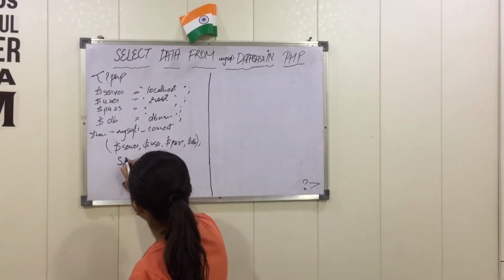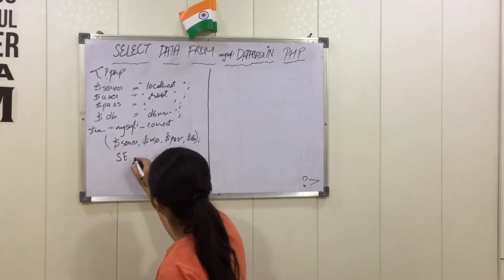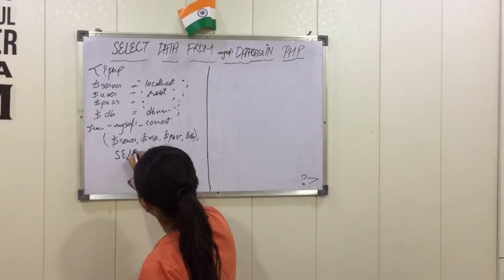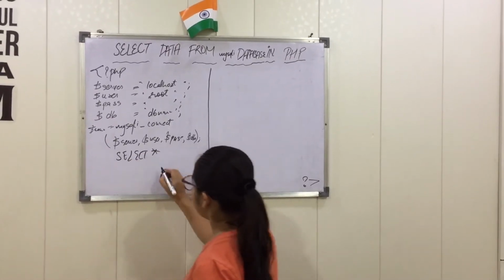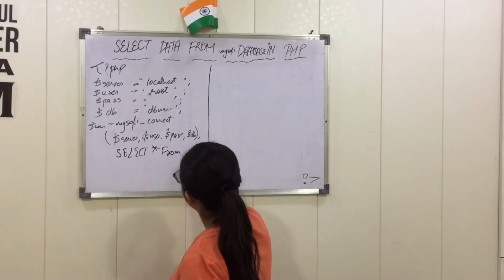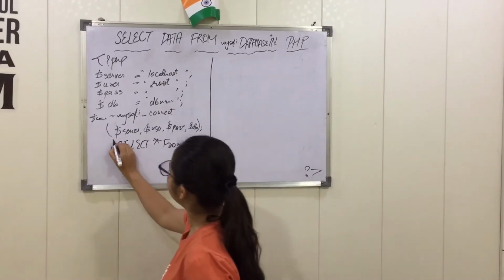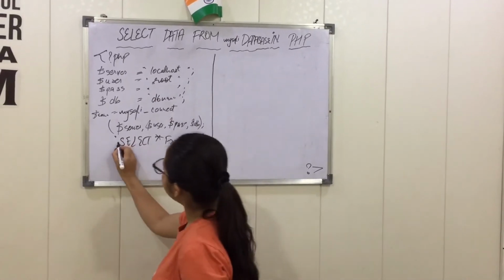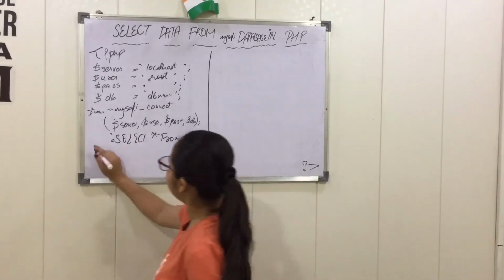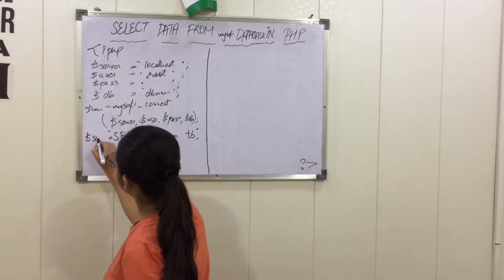After that we will select the table: SELECT * FROM, then the table name. Suppose my table name is tb, in double quotes, then a semicolon. Now we put this into a variable; suppose my variable name is $sql.